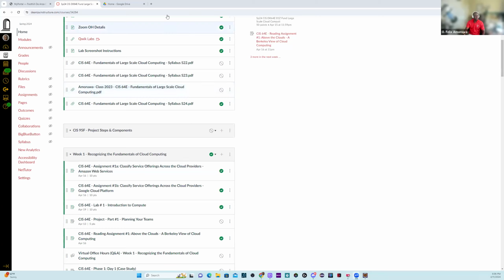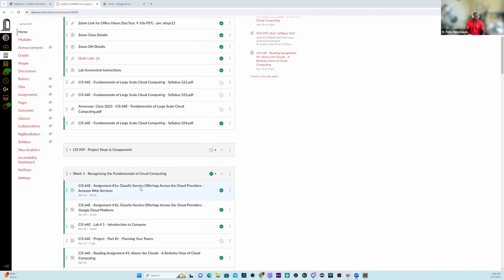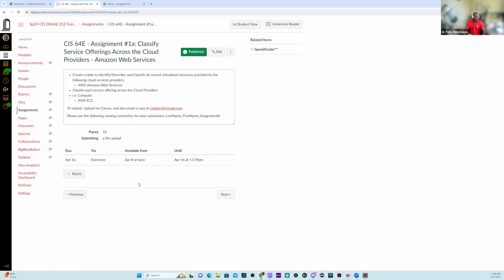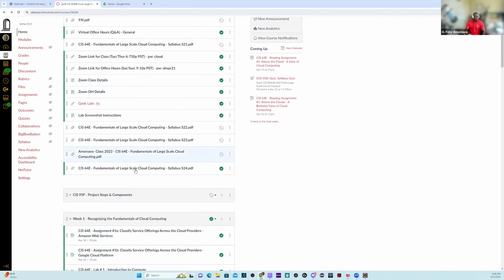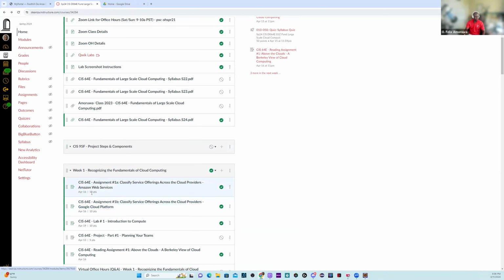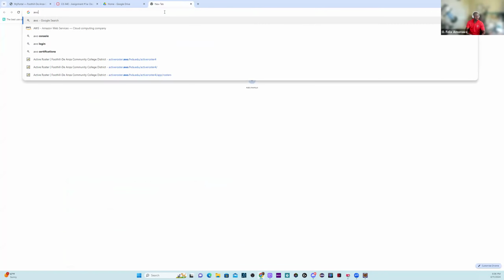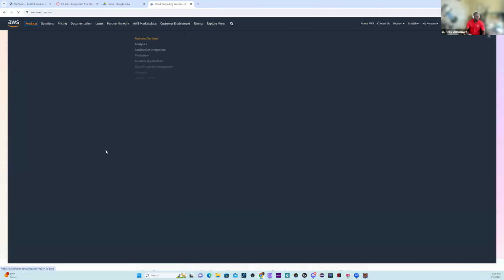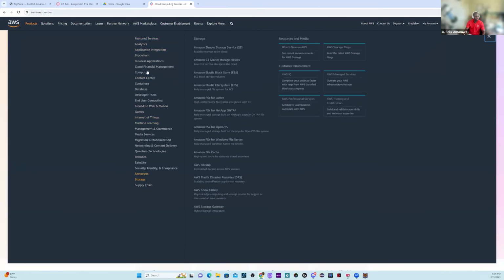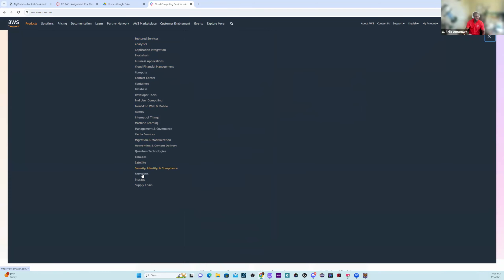Lab 1A refers to Amazon Web Services. Lab 1B refers to Google Cloud Platform. Both are 10 points each.